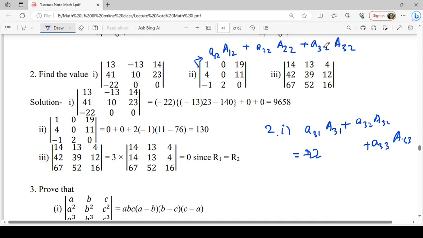Then a32 is 2 into 11 minus 4 into 19. So this is the way to find the value of the determinant.